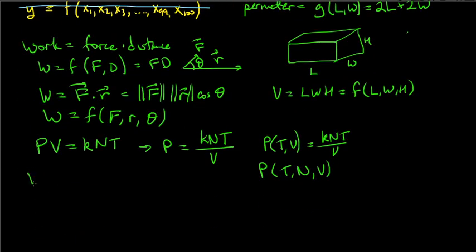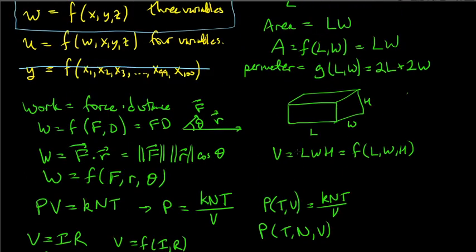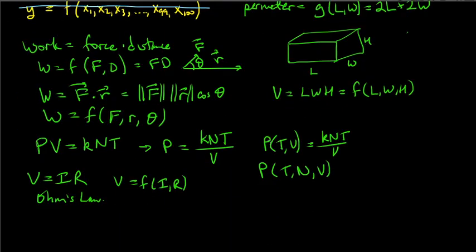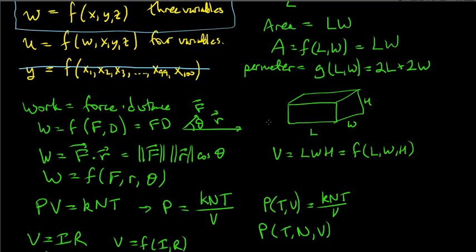All right, so there's plenty of other examples, right? You know, voltage is current times resistance. This is Ohm's law. If you've had physics 2 or electromagnetism, so voltage is a function of both I and R, current and resistance. All right, so again, there's plenty more examples, and we might see a few of those later.